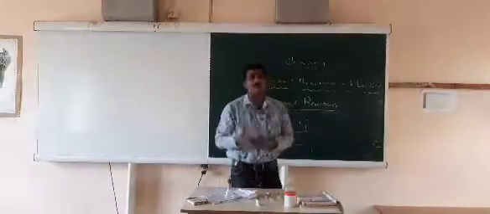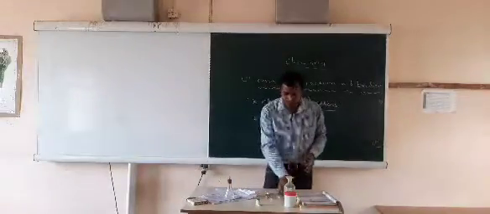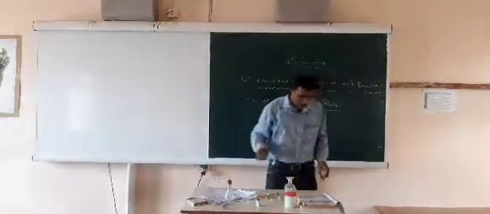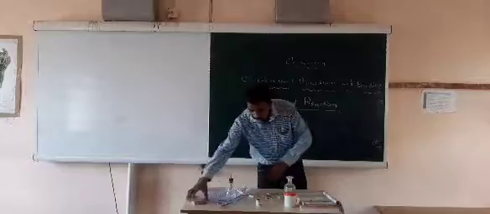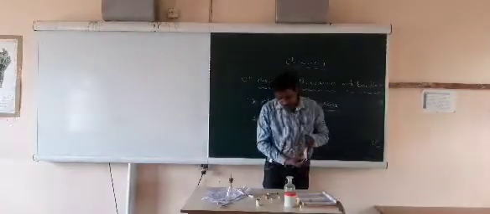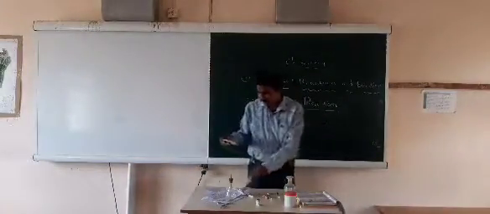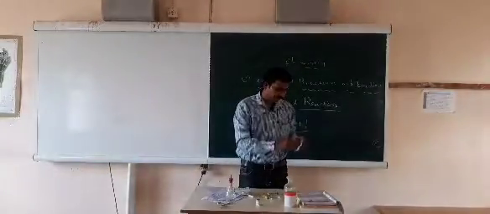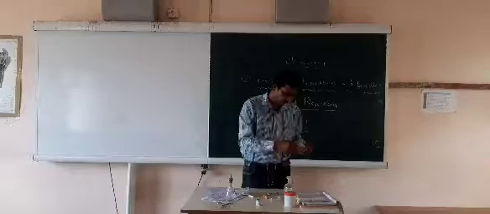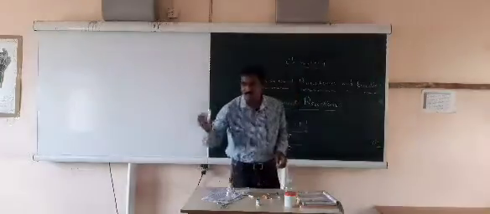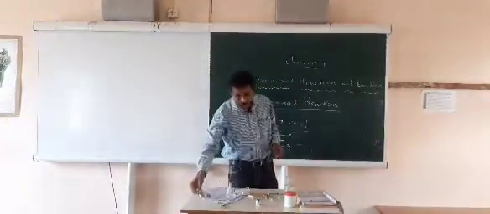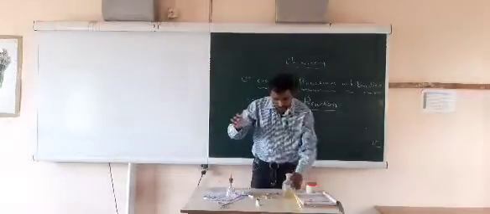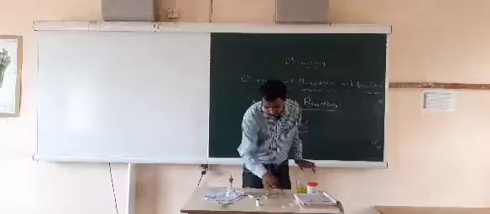One candle or burner is necessary. This is called tongs, and this is a magnesium ribbon, the silver-colored one, and this is a watch glass.